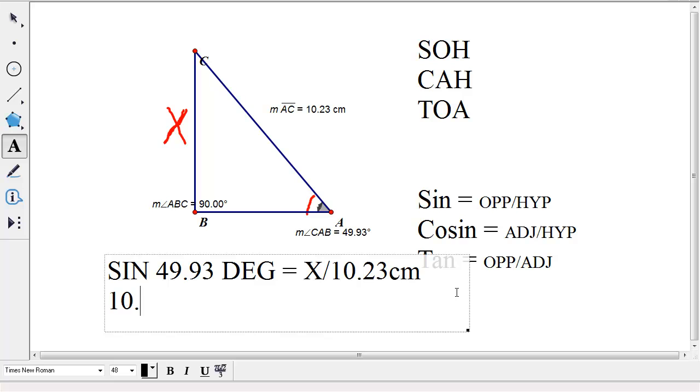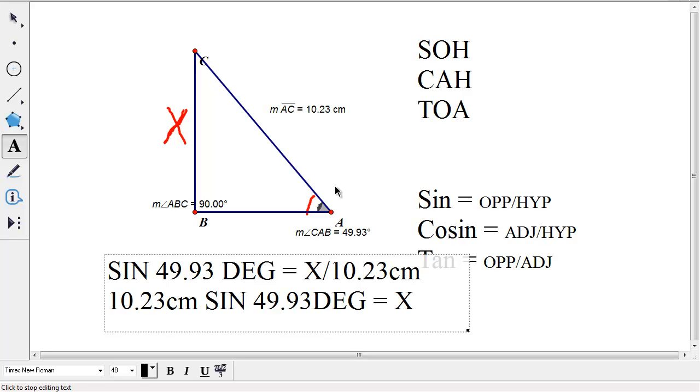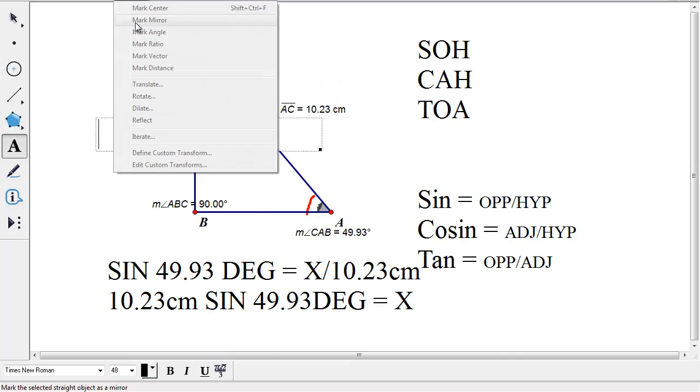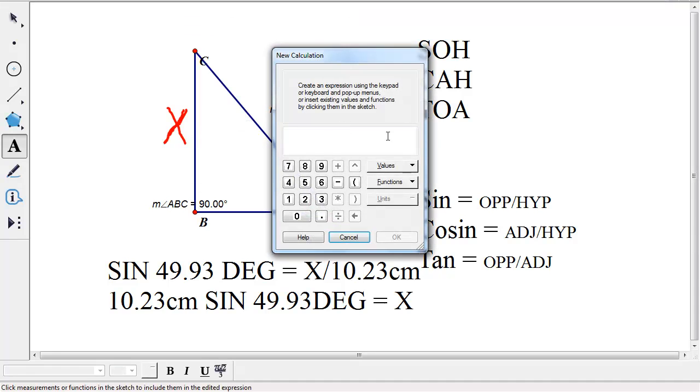So we'd have 10.23 centimeters times sine of 49.93 degrees equals X. Then we can just punch into our calculator sine 49.93 degrees and multiply it by 10.23 centimeters.